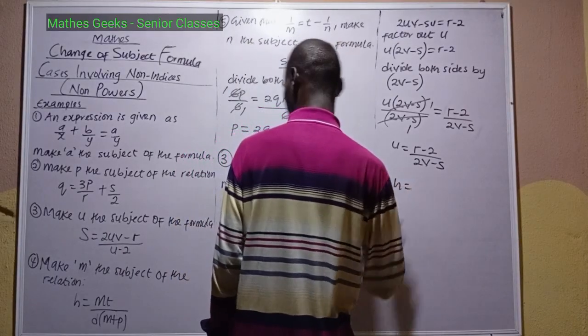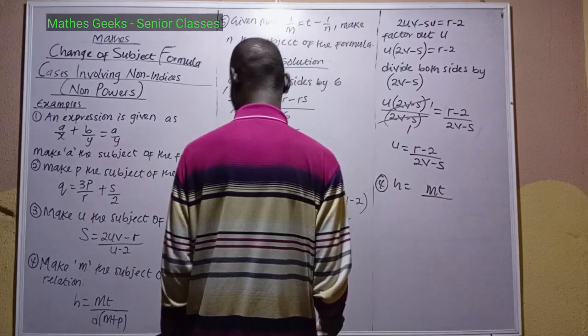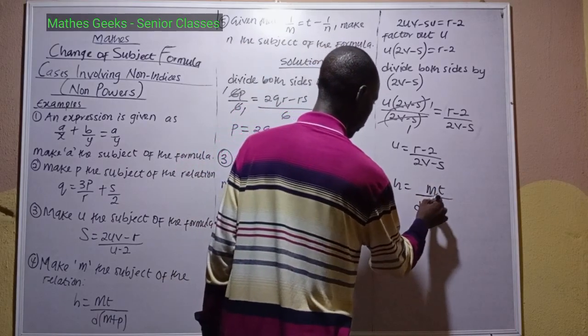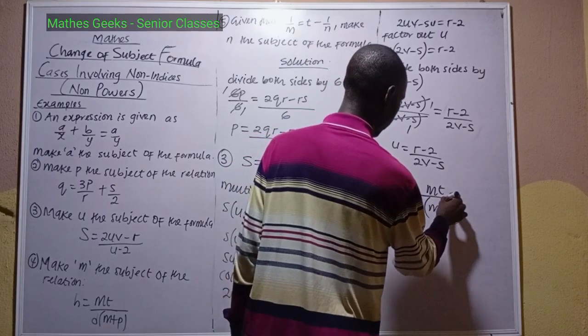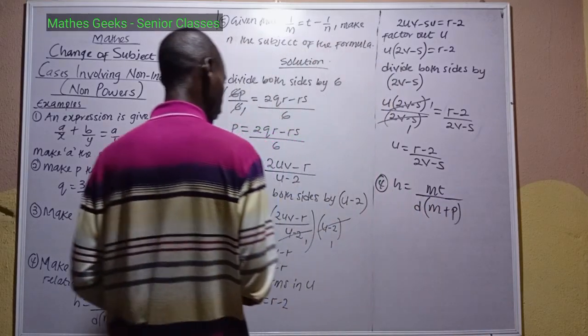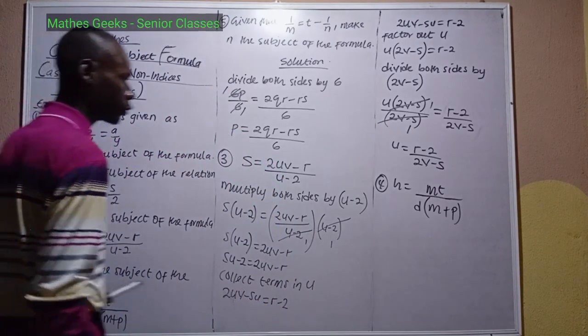h equals nc over dn plus p. In this question, we have to make n the subject of the formula.